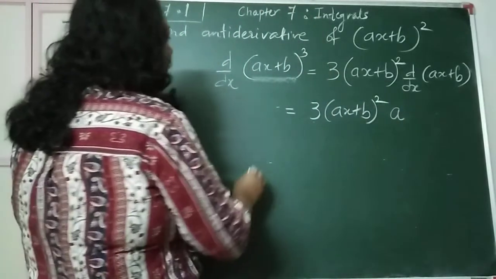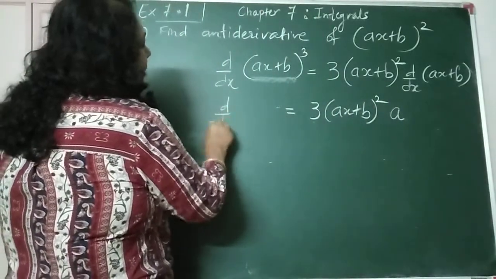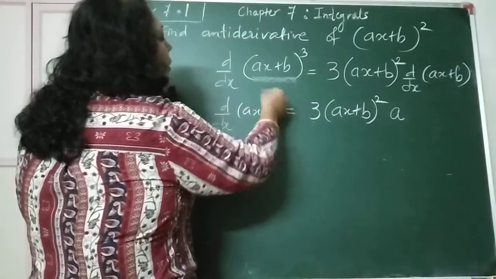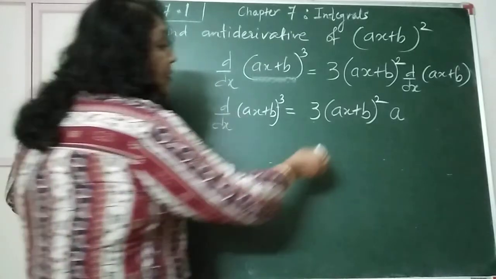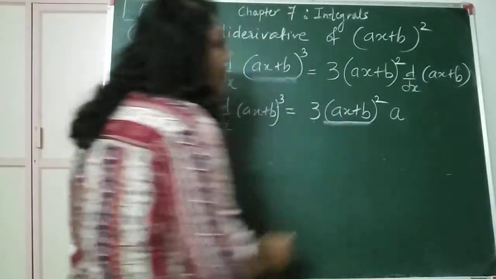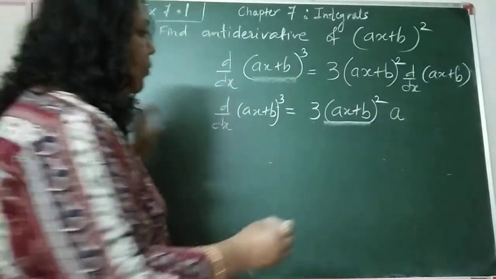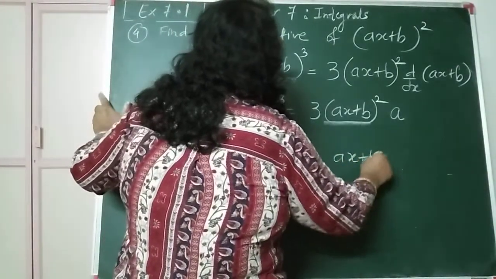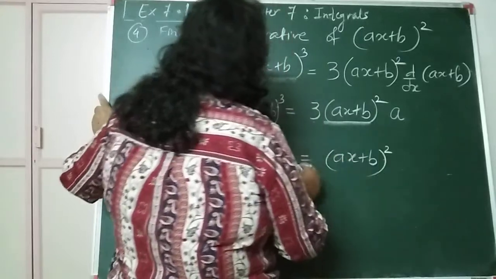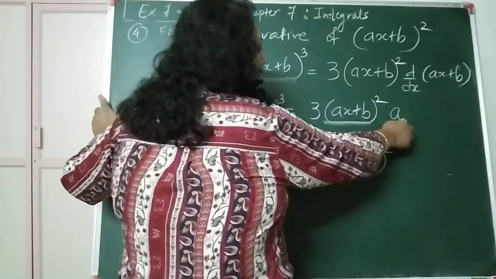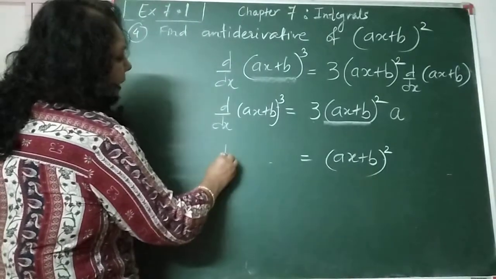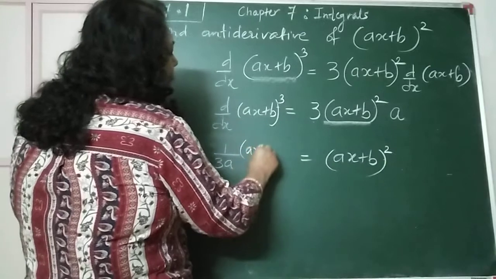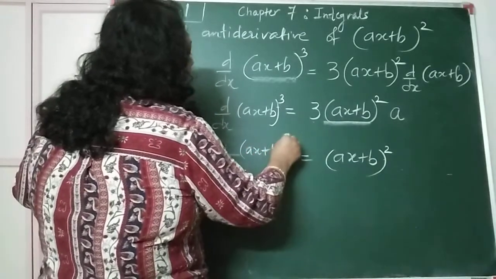This is d by dx of (ax + b) whole cube. Now you want the value for (ax + b) whole square. So I let (ax + b) whole square remain here, and the 3 and a, I bring down by cross multiplying. So 1/(3a) into (ax + b) whole cube.